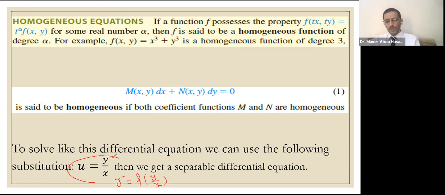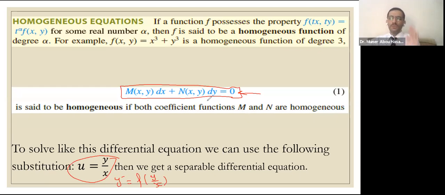Also, the same substitution can be used to solve an equation of this form when the equation satisfies a specific condition. We call this condition homogeneous function of degree alpha. This equation isn't exact, isn't linear, isn't separable, but it satisfies a specific condition. We call this condition homogeneous coefficients of degree alpha.